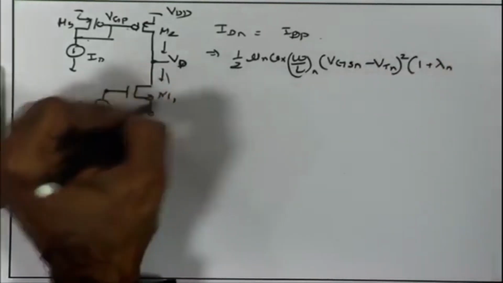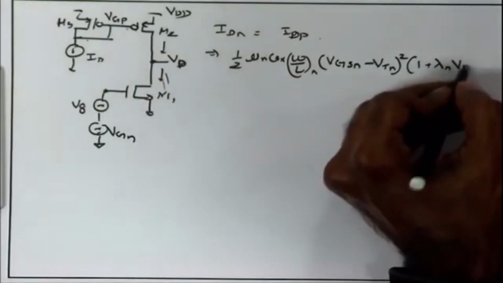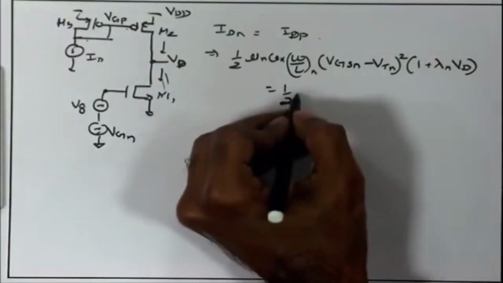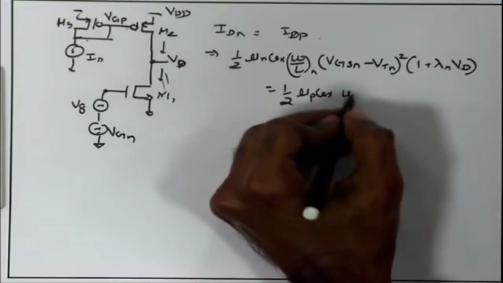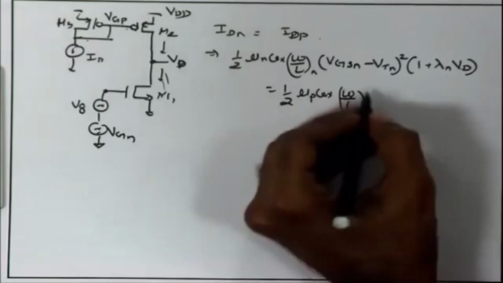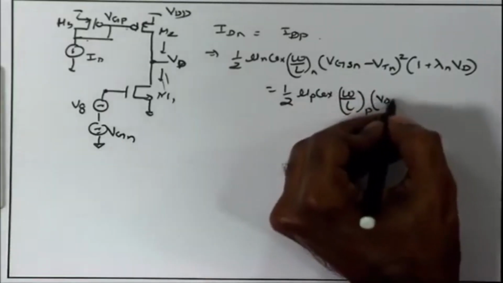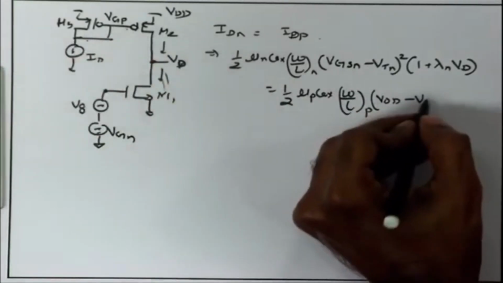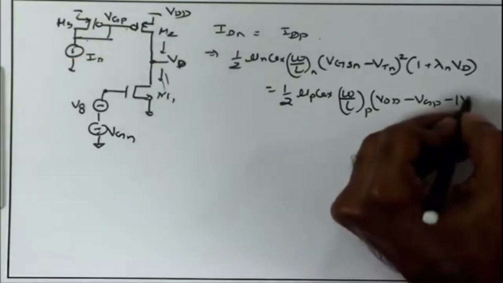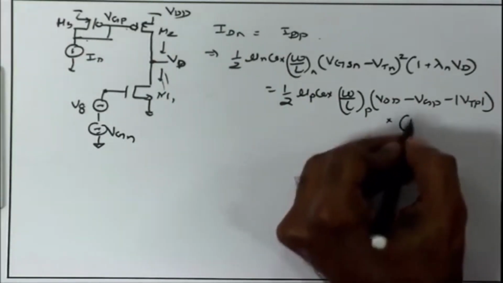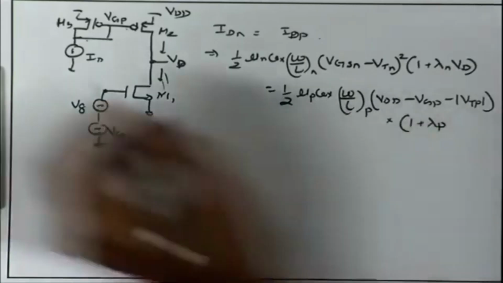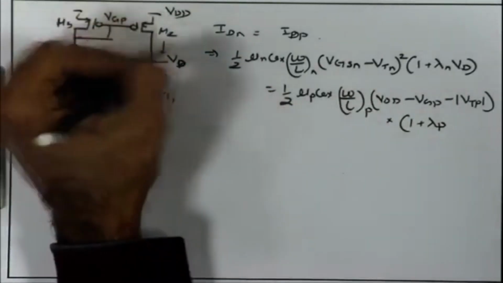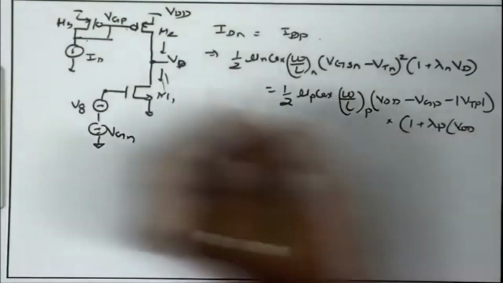Now, VDS for M1 is just VD, which is equal to 1 upon 2 mu p Cox W by L p times VSG, which is VDD minus VGP minus mod VTP, squared, times 1 plus lambda p times VSD. VSD is once again VDD minus VD.